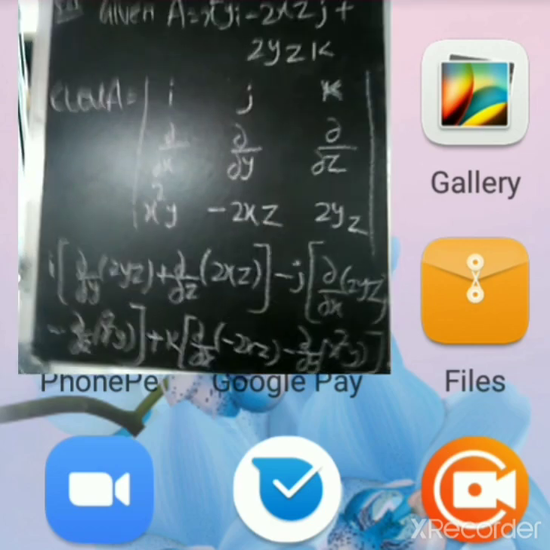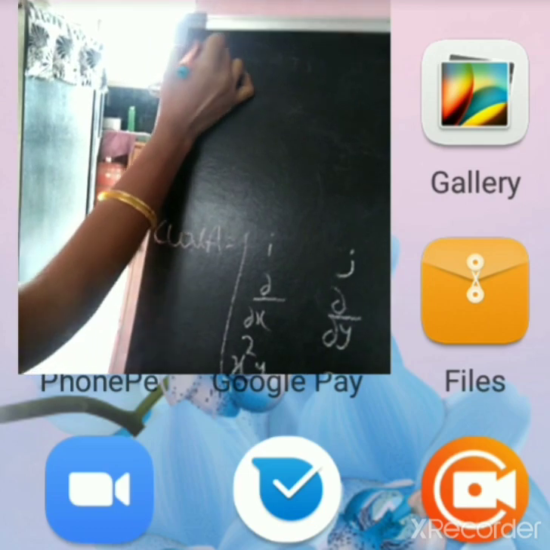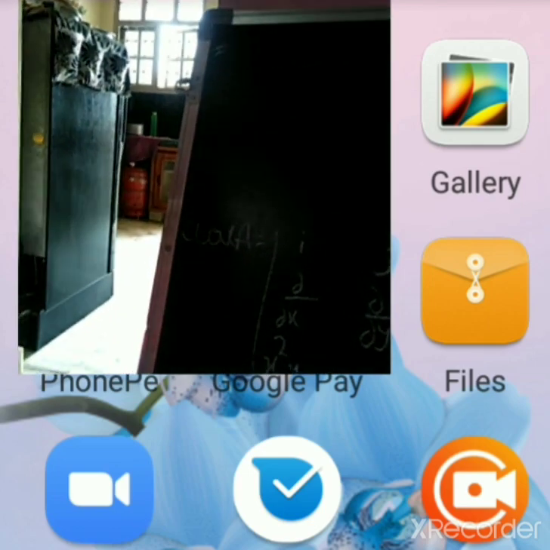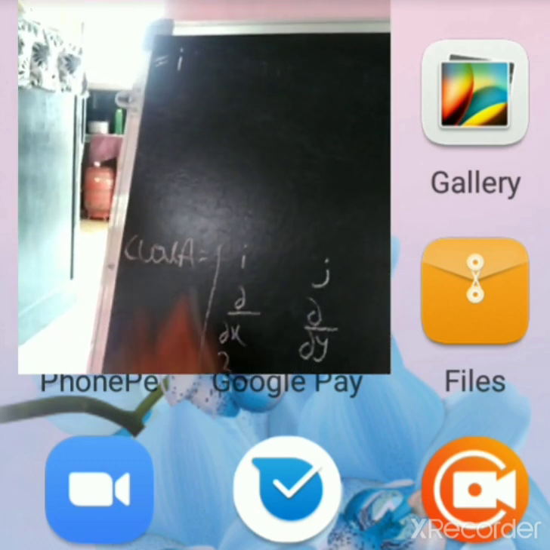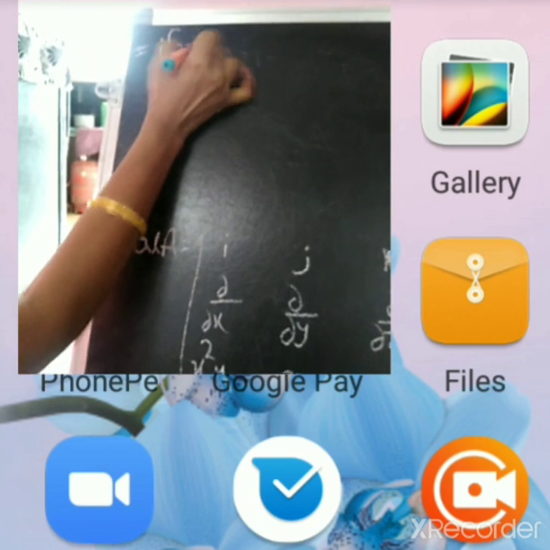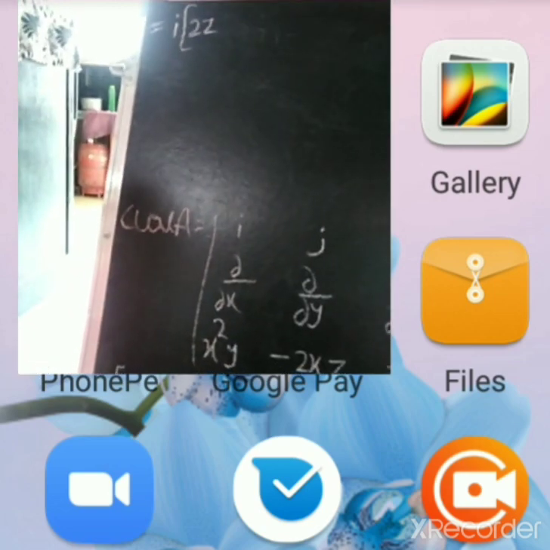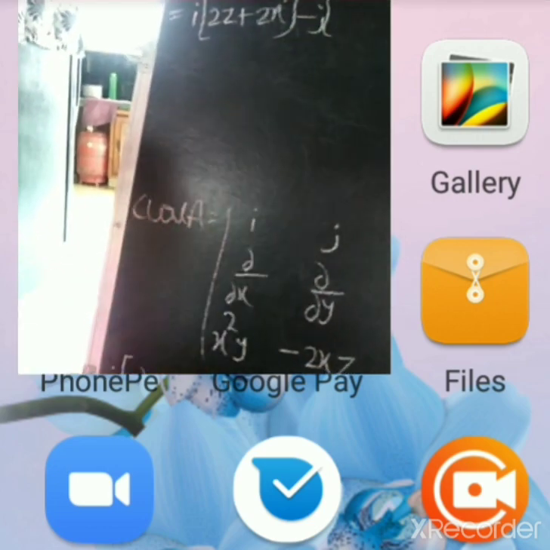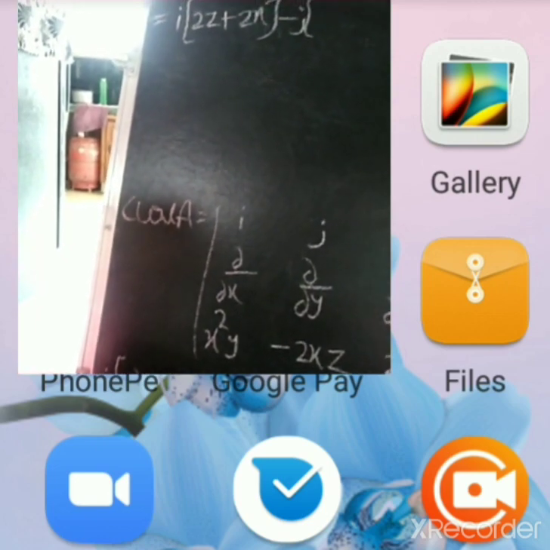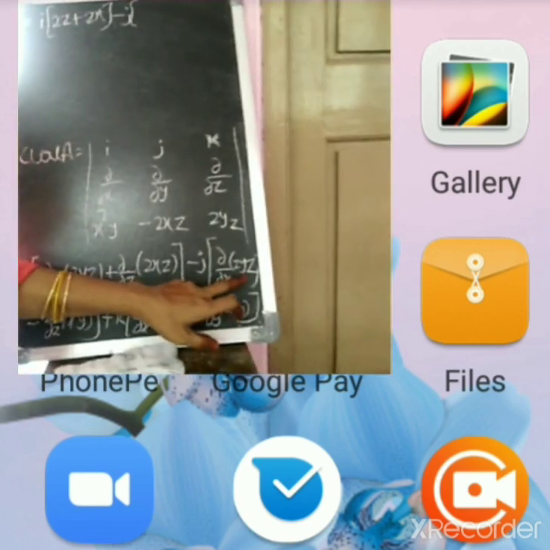Now all these values together are curl A. So i into, with respect to y of 2yz, so 2z. Next plus, with respect to z of 2xz, is plus 2x. Next minus j into, with respect to x, this value is 0, here there is no x value, this is constant, so the value is 0.